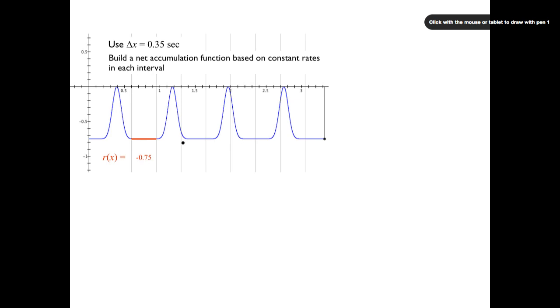Would that be a good overall estimate of what the rate is in that interval? 0? No, so it starts at the bottom, goes up to 0, and then pretty much goes back to the bottom again. So if we wanted to pick one rate kind of like the average of all the rates, I picked negative 0.4. So I picked a constant rate of negative 0.4 there.